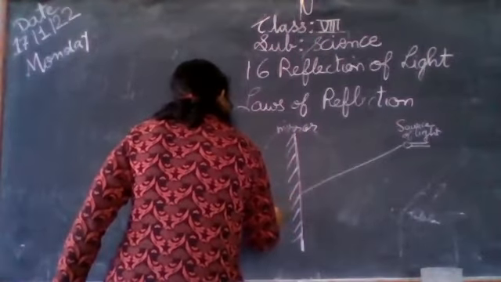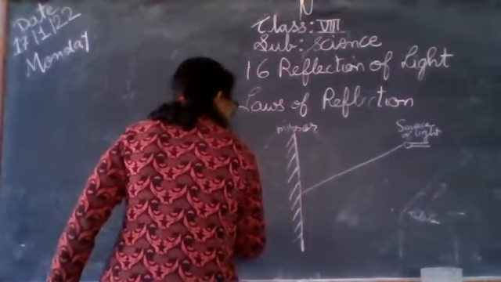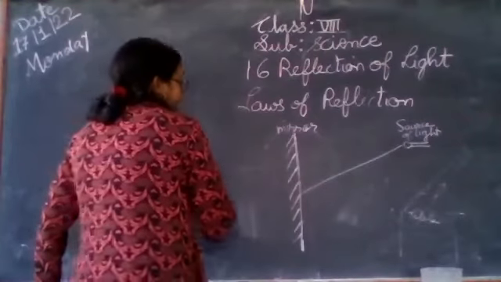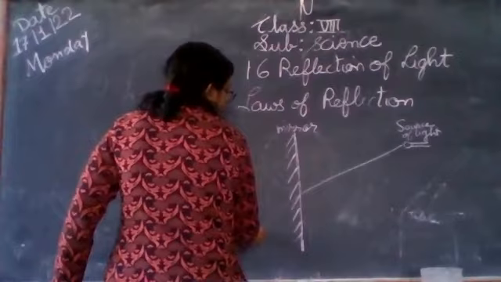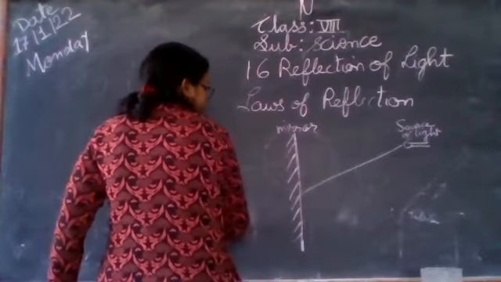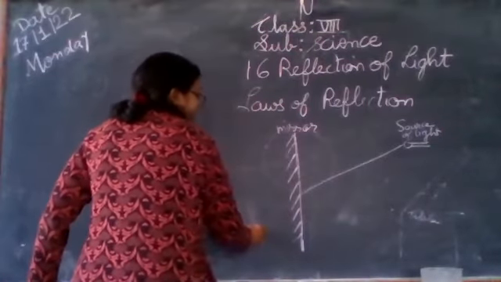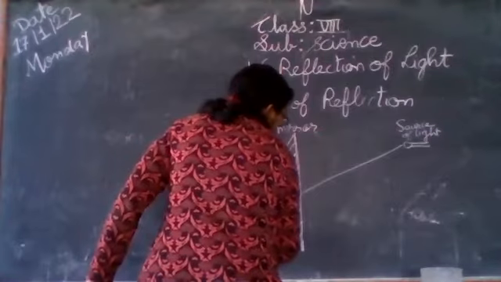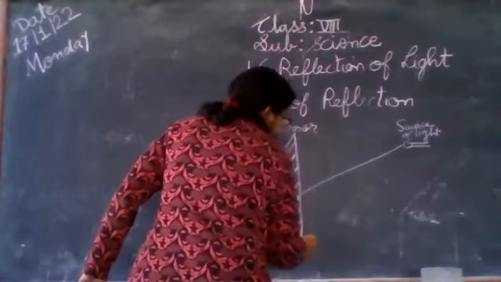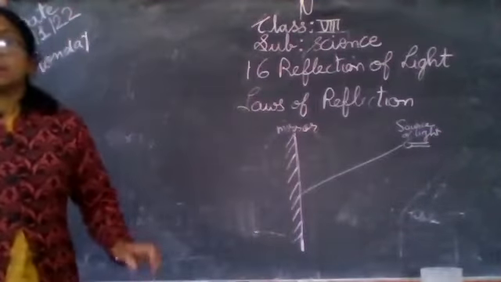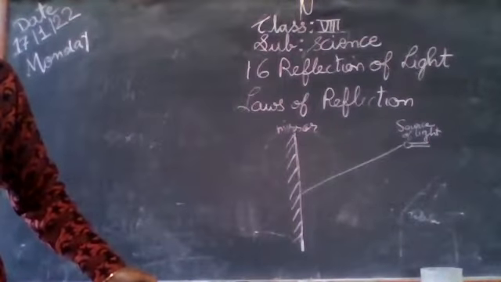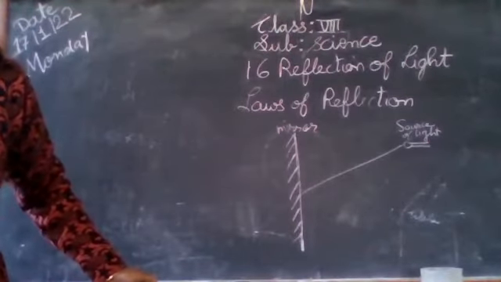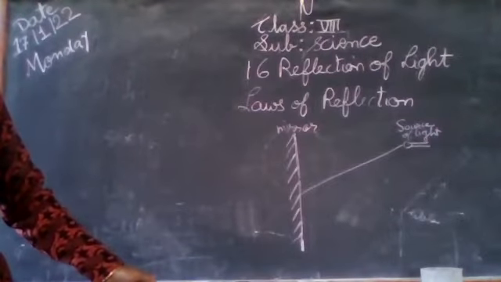These rays travel inside the mirror and we can see the object in it. When the image is formed inside the mirror, from there the rays come back and get reflected. So they travel in a different direction from the direction in which they were coming.